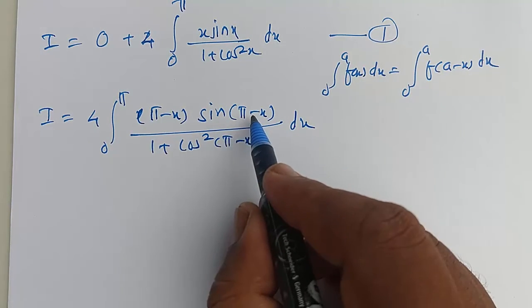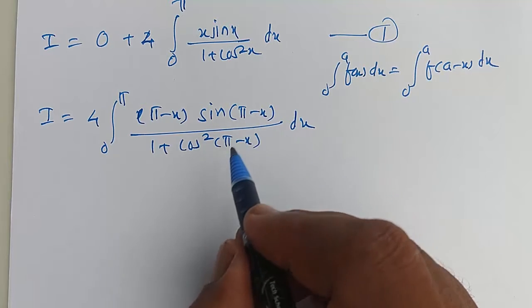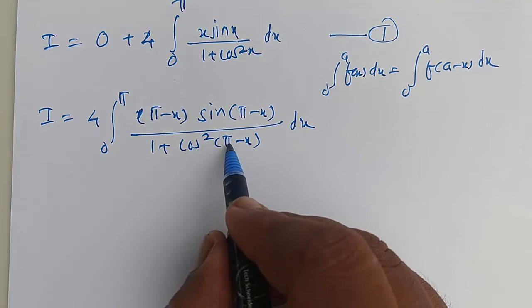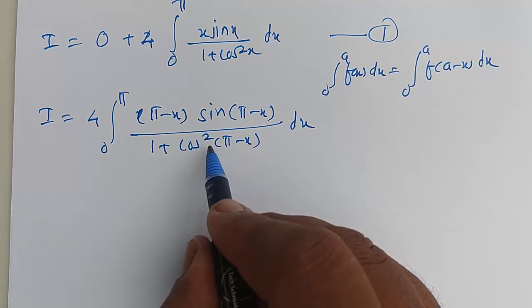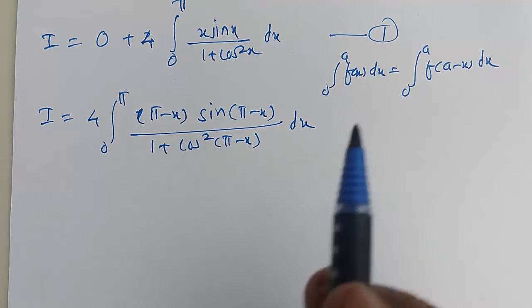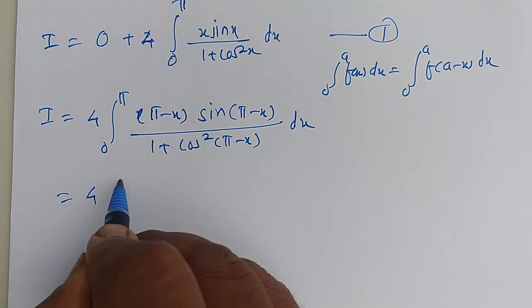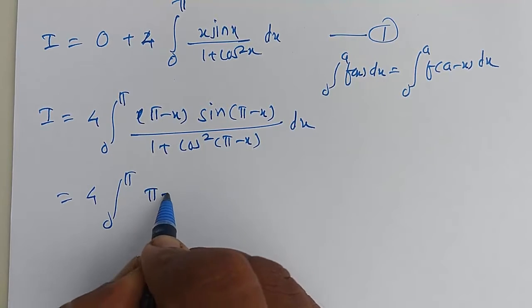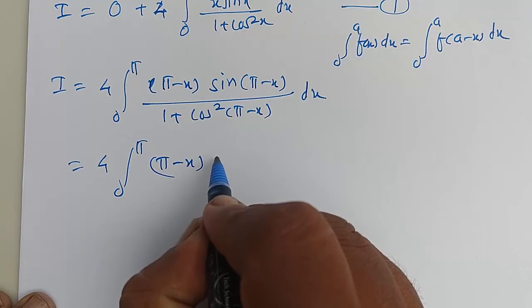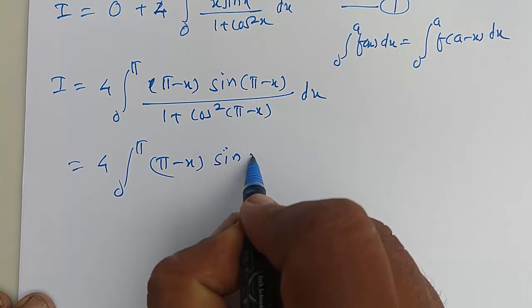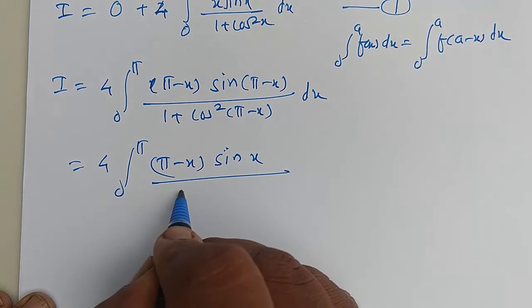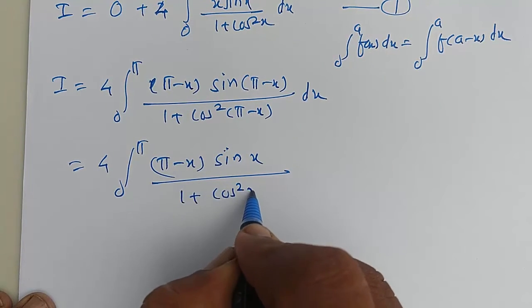We know that sin of (180 minus theta) is sin theta, and cos of (180 minus theta) is minus cos theta, but being square it is again positive.